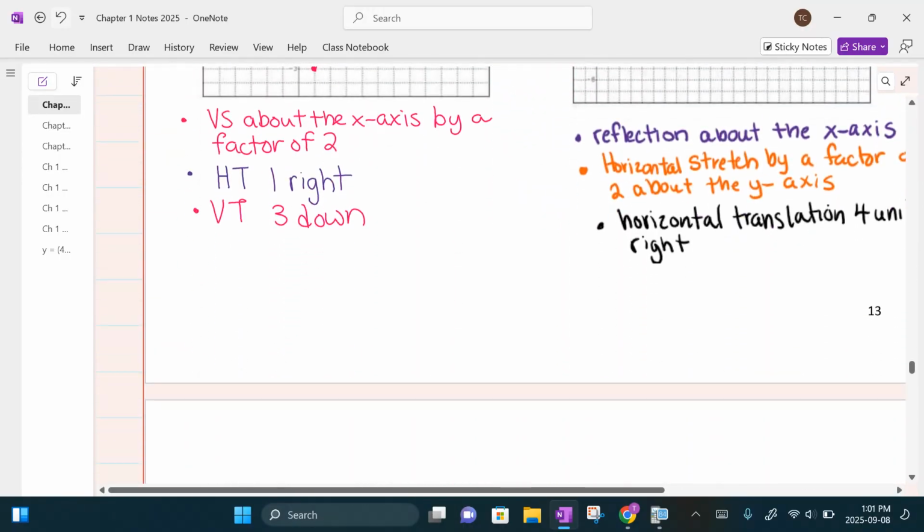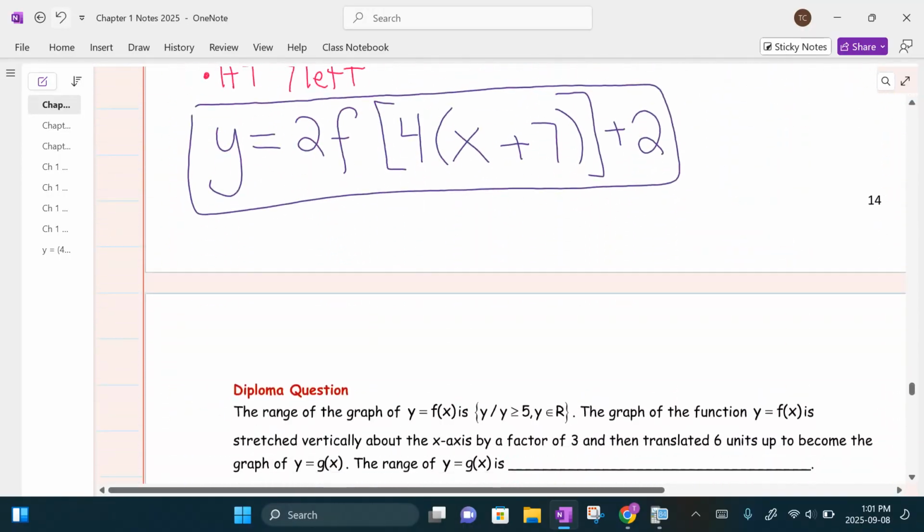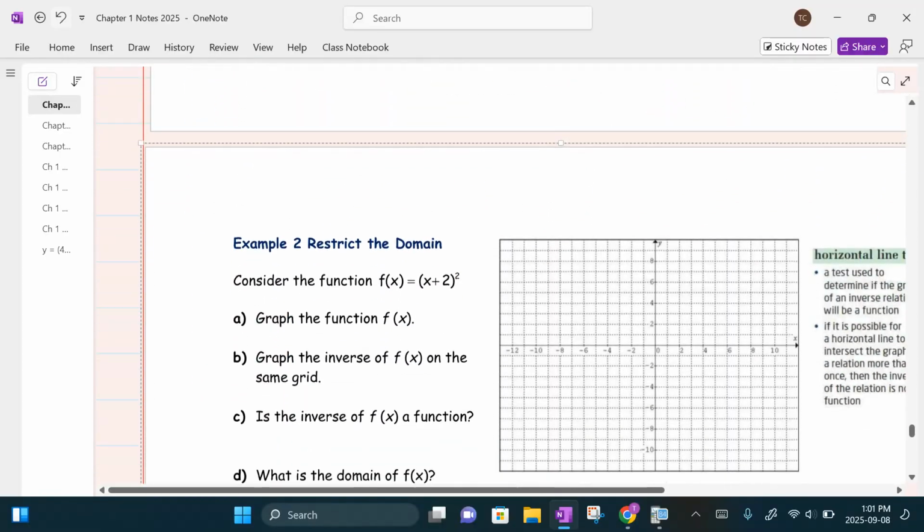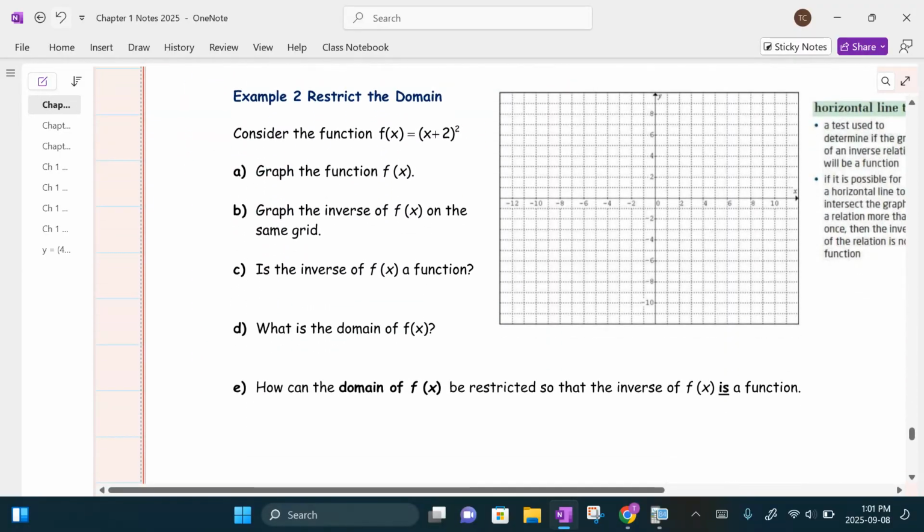So go ahead and graph, was it x plus 2 all squared? Yeah. So here, graph f of x, you're going to graph x plus 2 all squared. Totally use your calculator if you want. Go y equals x plus 2 all squared, get those points on there. And then just interchange, just like we sketched the first two.